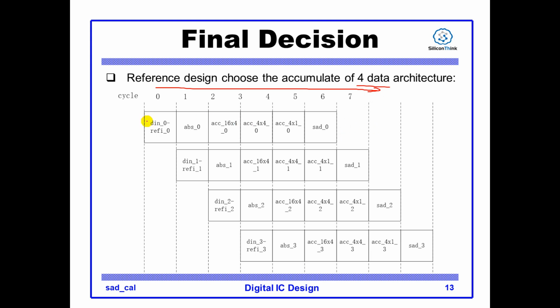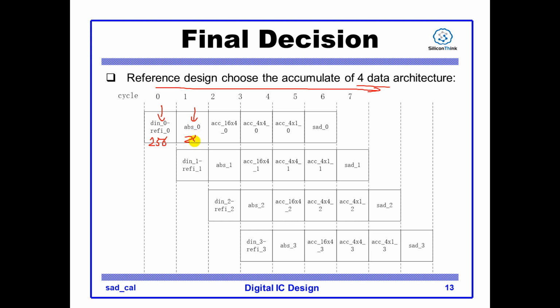In the first cycle I will do the subtract operation for each pixel, so there will be 256 subtractors working in parallel. Then the next cycle I will do the absolute operation.